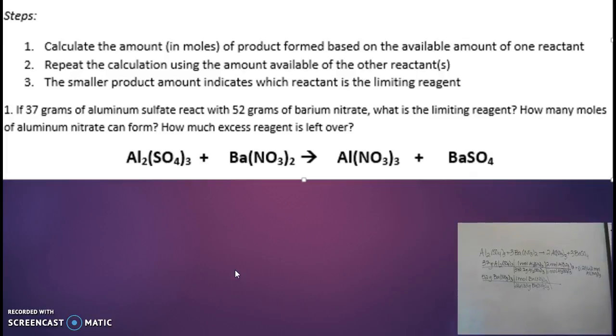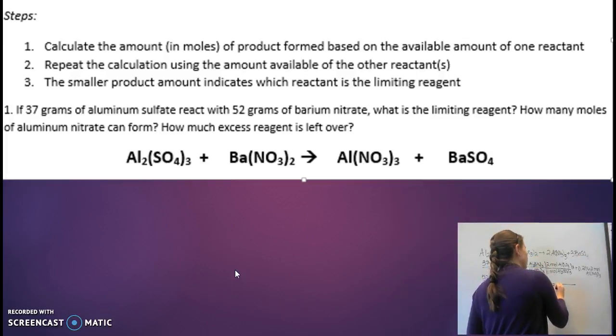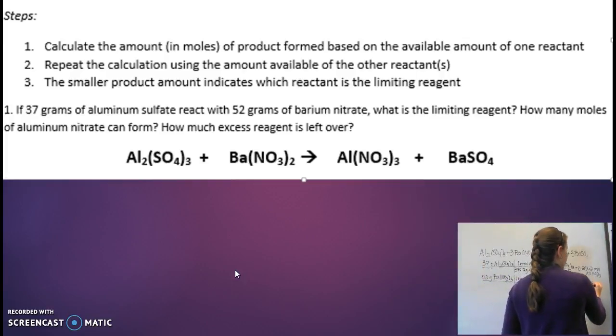So again, the way that we do that is we need to use the ratio up here. So we've got a 3 in front of barium nitrate and a 2 in front of aluminum nitrate. So 3 is going to go on the bottom. Okay, so when you go ahead and calculate that out, you're going to get 0.133 moles of aluminum nitrate.